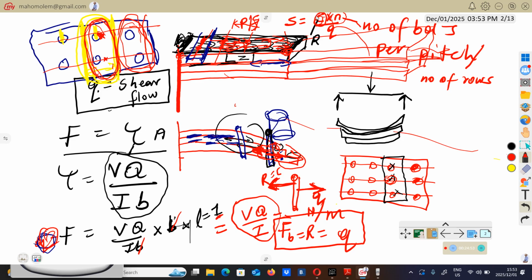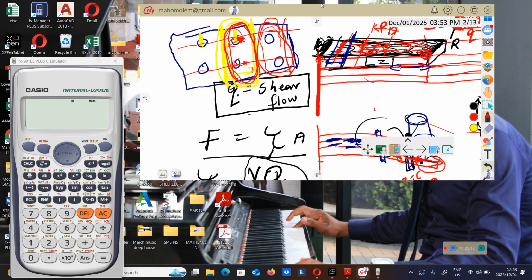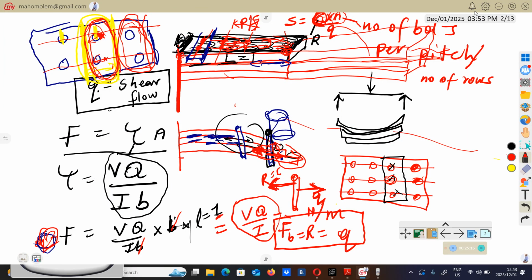So that's why you're going to have this C, which is the resisting force of one bolt, multiplied by the number of bolts per pitch. Meaning that these two bolts are going to push in opposite direction with this magnitude, that's C multiplied by N. So just be careful of that.